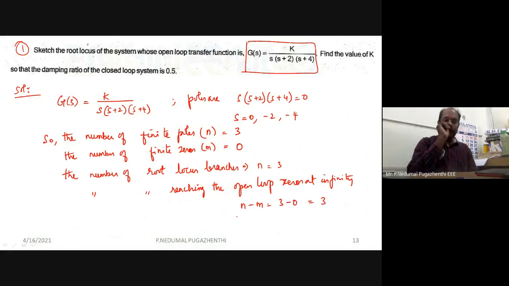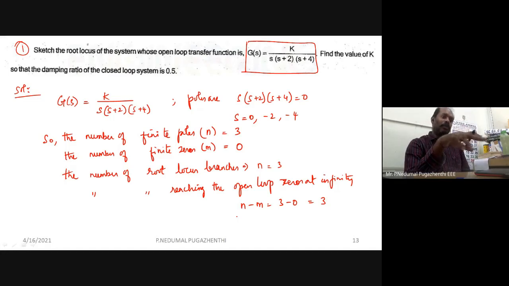Since you do not have an open loop zero, but we know that the starting point of a root locus is an open loop pole and it ends at an open loop zero, if you do not have any finite open loop zero, it will end at an infinite open loop zero. So we assume that all the root locus branches which start from the open loop poles 0, -2, and -4 will end at the infinite open loop zeros.